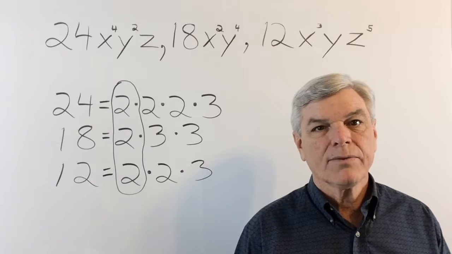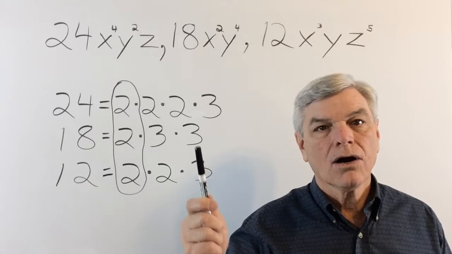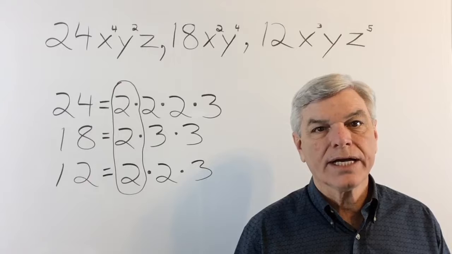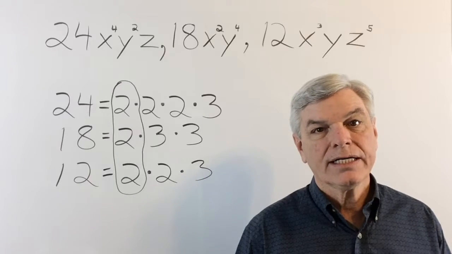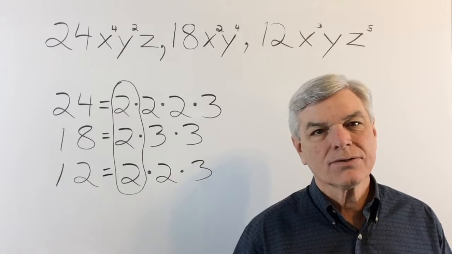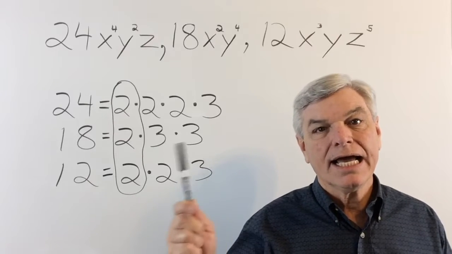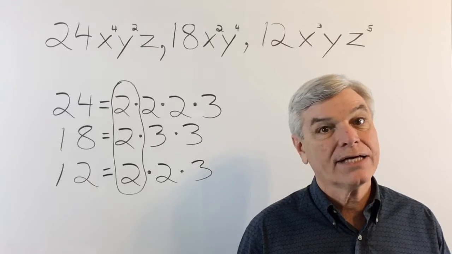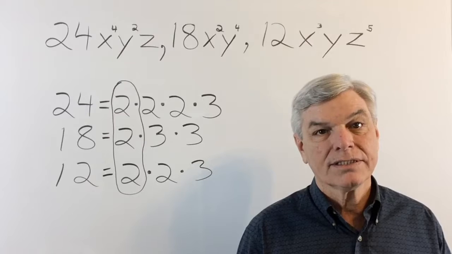And the only other number that we have is 3. And all of these numbers have one 3. The first number doesn't have more than one 3. So even though this one has 2 3's, it's not common to the other numbers. As a matter of fact, 18 is the only number that has 2 3's. So it isn't common to the other numbers.